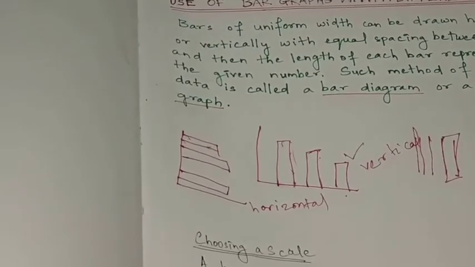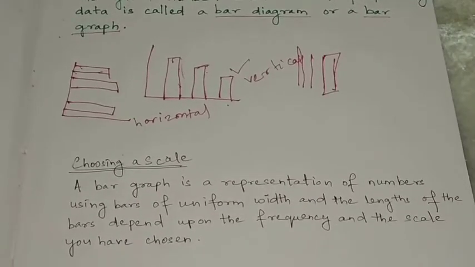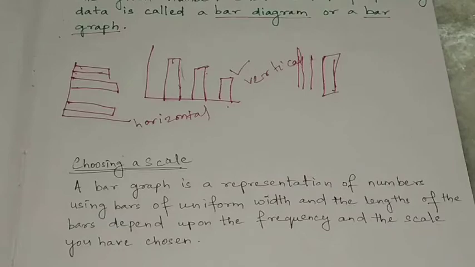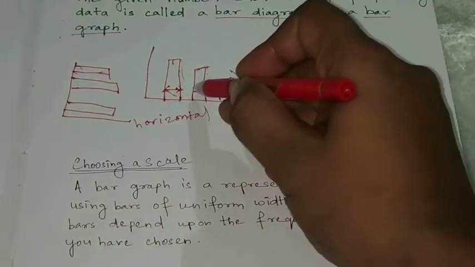So let's go further. How will we choose the scale? We have to choose the scale for the bar diagram. A bar graph is a representation of numbers using bars of uniform width. The width should be uniform, always.